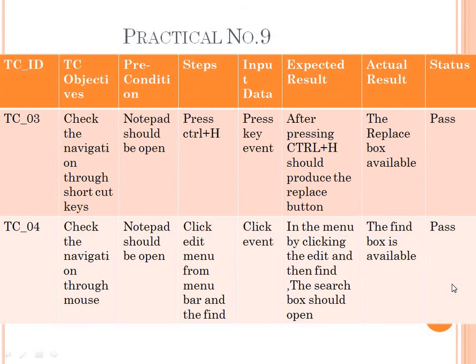The next test case is the third, which checks navigation through the shortcut keys. Here we press Control H. The precondition is that Notepad should be open, the input data is a key press event, and the expected result is that pressing Control H should produce the replace box. The actual result is that the replace box is available. If we want to replace any content with another content, we press Control H and enter the replacement content there.